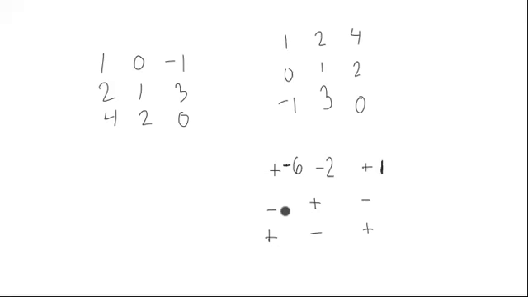Next, what's going to go in this position? We think of crossing out this row and this column, and we end up getting 2 times 0 is 0 minus 12, so we get a negative 12 here. Now in this position, same thing, cross out that and that.